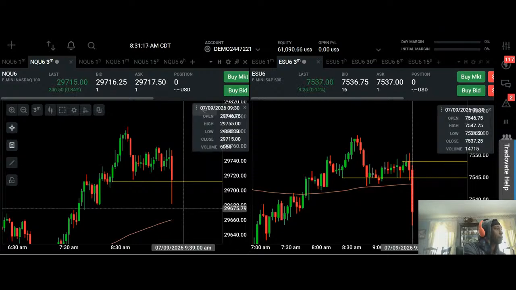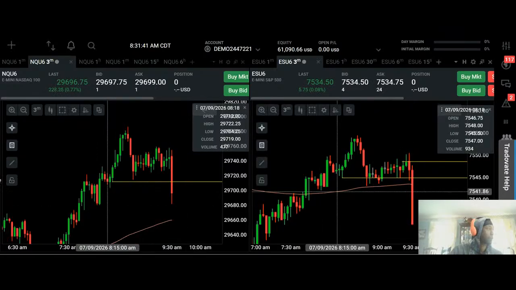All right. So I'm looking at the 1 minute over on my other charts. I got the 3 minute up over here for you guys. I just got to keep an eye on it. It can happen on any chart. It can happen on the 3 minute. It could happen on the 1 minute.